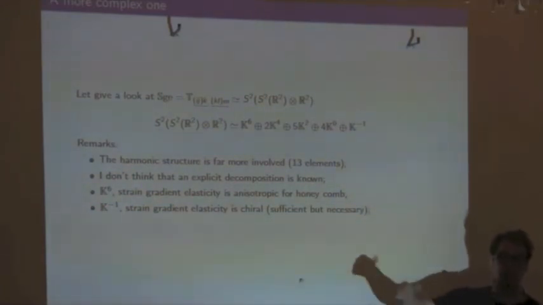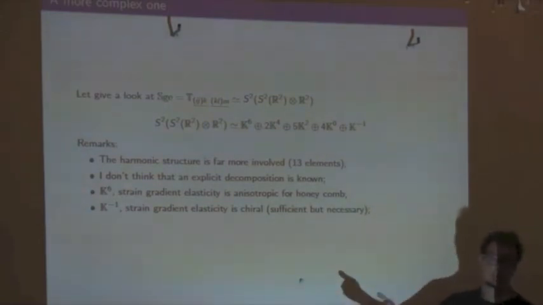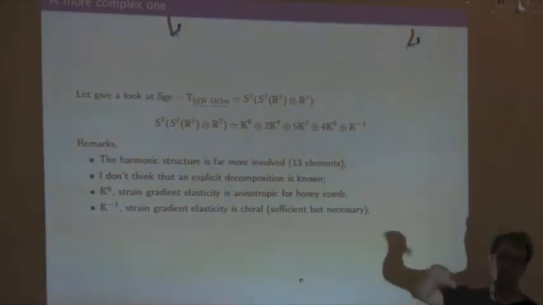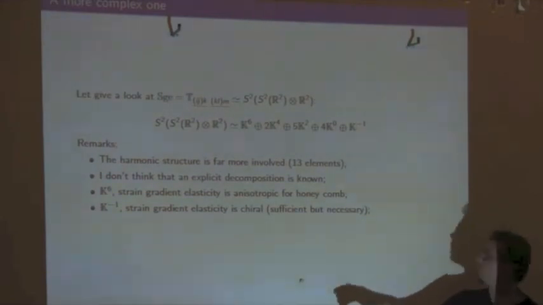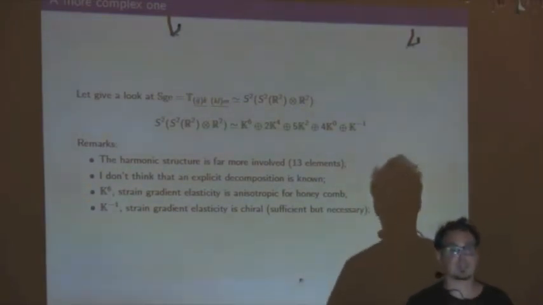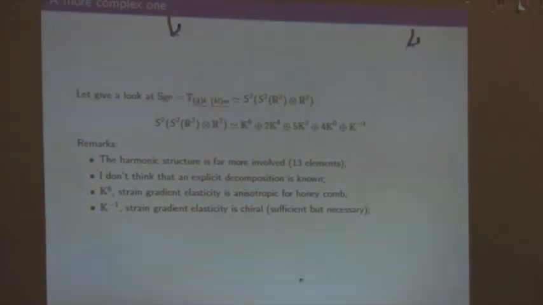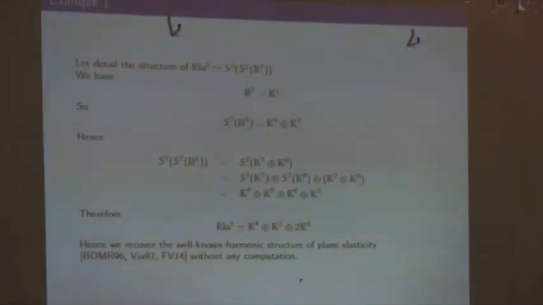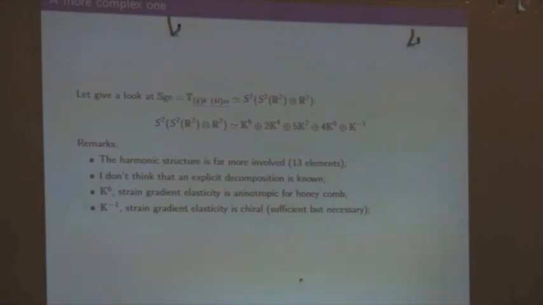So it's a hemitropic coefficient. If you have this element, the image of your behavior in the mirror will be different. So its presence shows that your behavior is chiral. In classical elasticity, you don't have K-1 spaces, so classical elasticity is not chiral because of that, and strain gradient elasticity, because of the space K-1, is chiral sensitive.